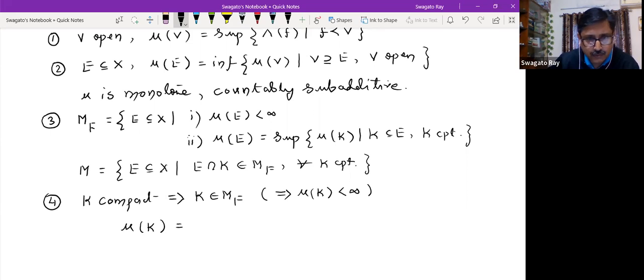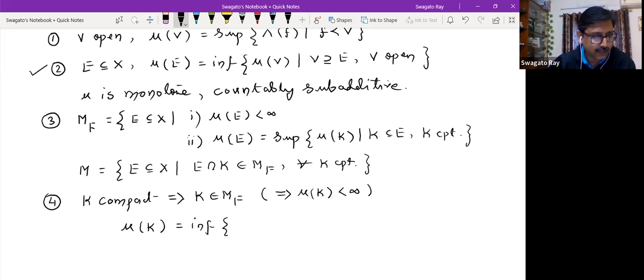is actually an infimum. So far, I know that the measure of K is the infimum of measures of open sets which are bigger than K, because outer regularity is inbuilt in the definition. This is outer regularity, which is true for every set, so in particular it is true for compact sets. So the measure of K is the infimum of measures of the open sets which contain it.